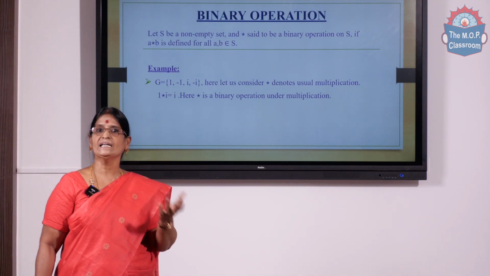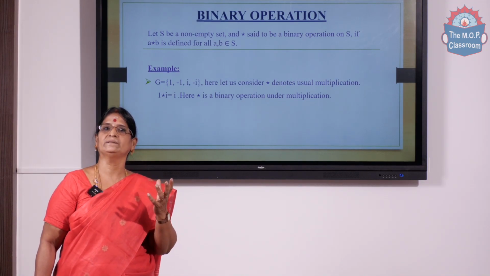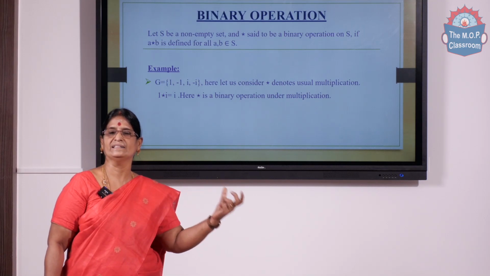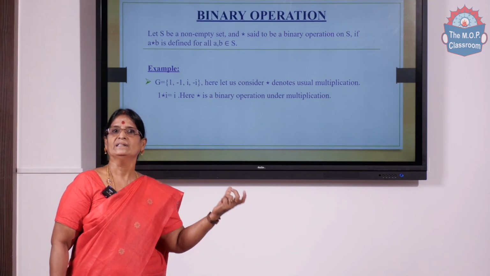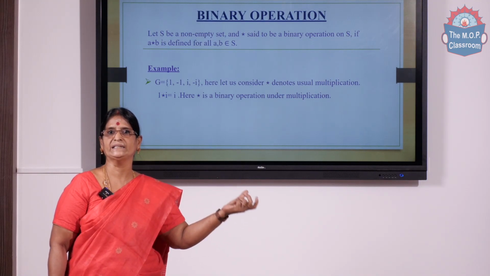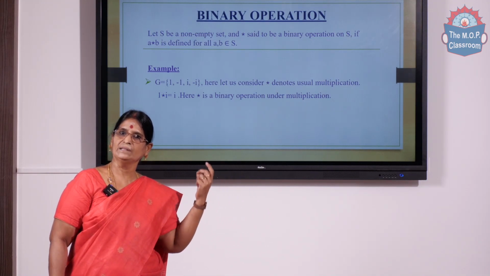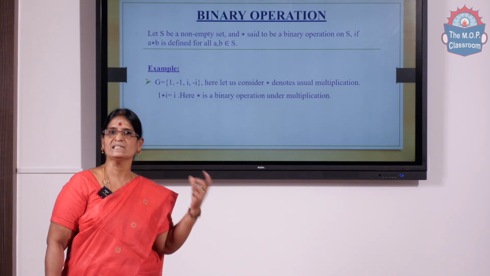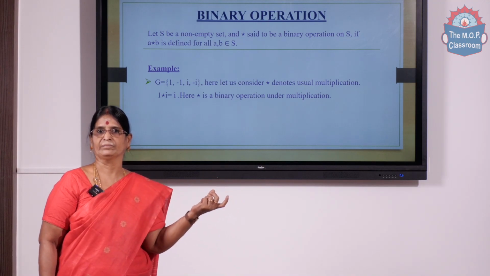So 1 star i. Here, what does star mean? Star denotes the multiplication operation. So 1 star i is equal to 1 into i. Here i is a complex number. So 1 into i gives me i. So here star is the binary operation, and as a result we are getting, once again, an element in the same set G.